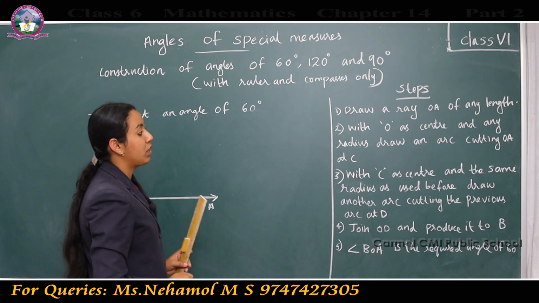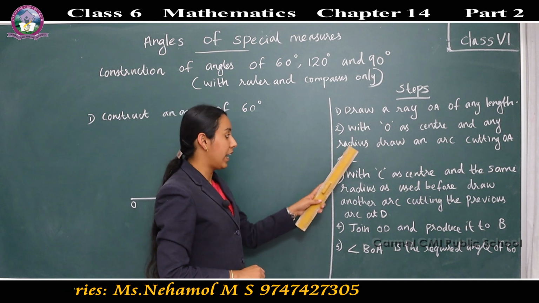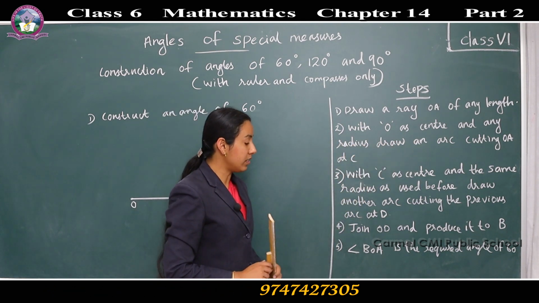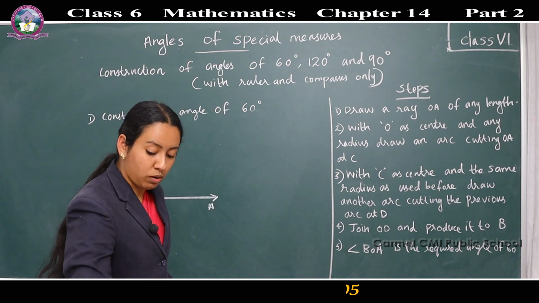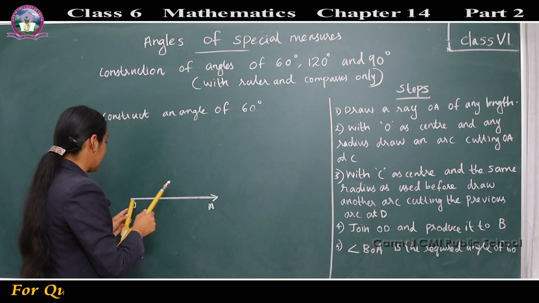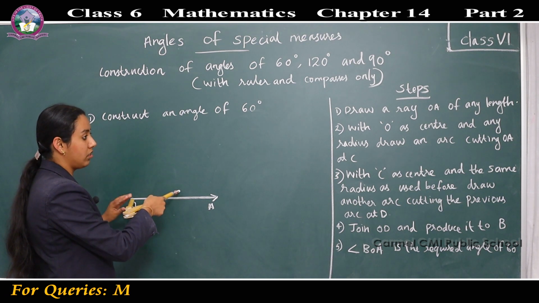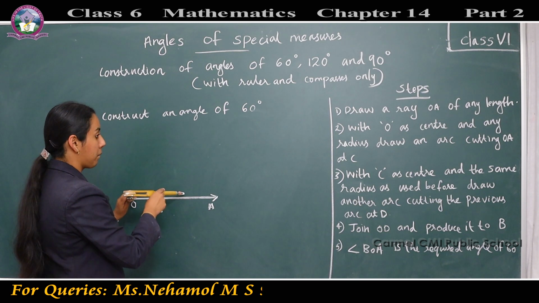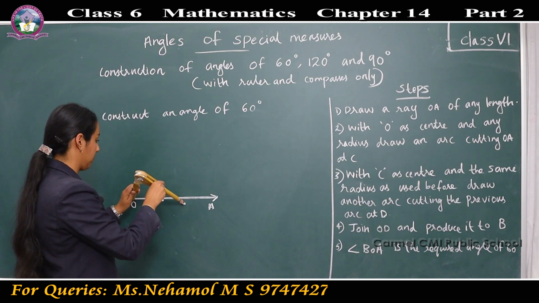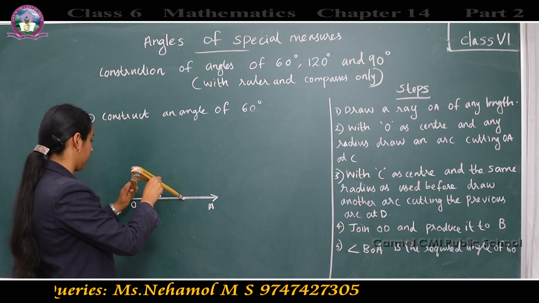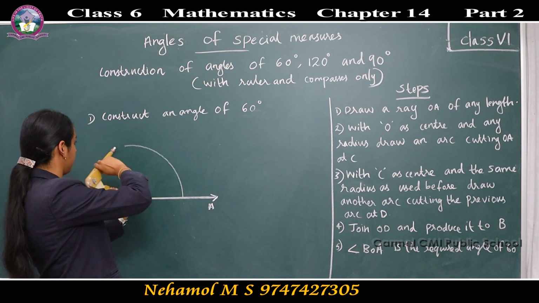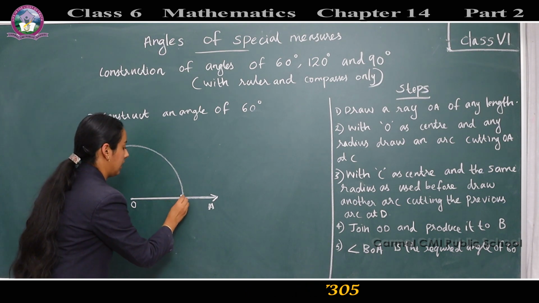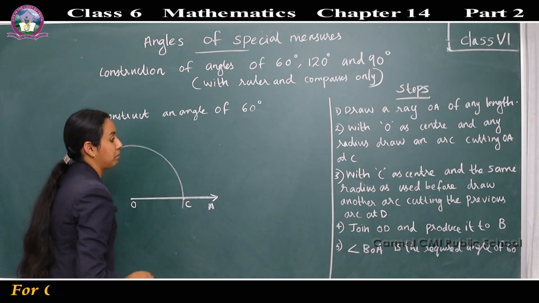Then with O as center and any radius, draw an arc cutting OA at C. So with O as center and a convenient radius, draw an arc cutting OA at C. So let this point be C.